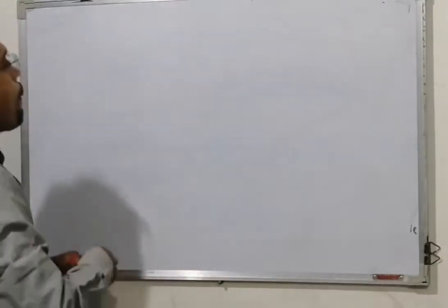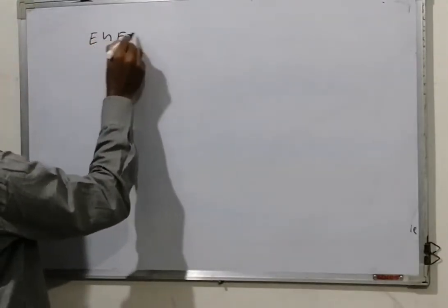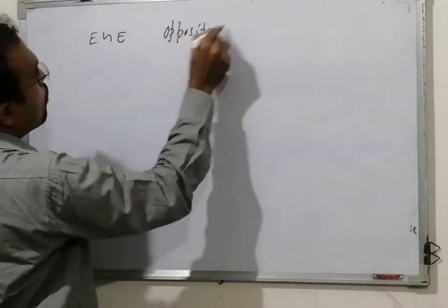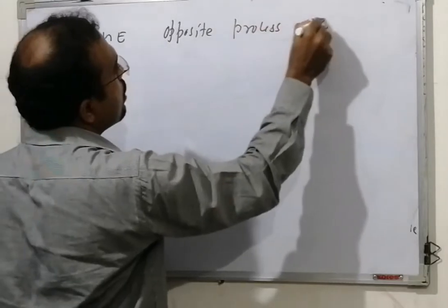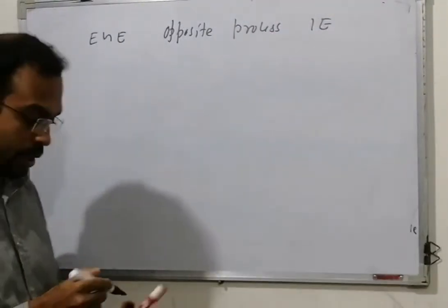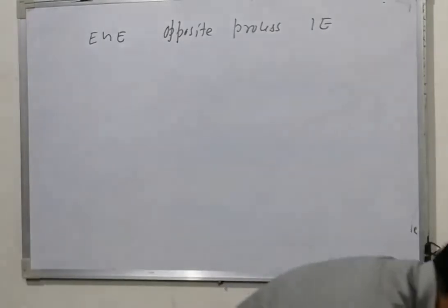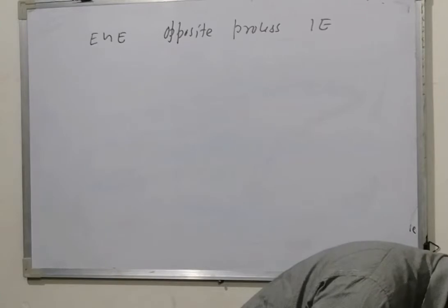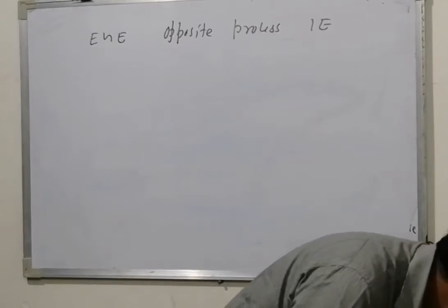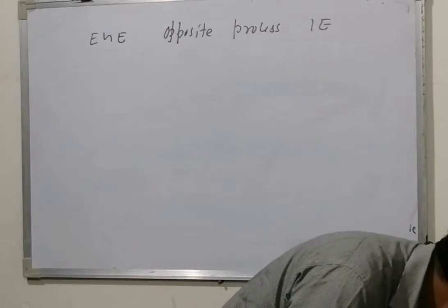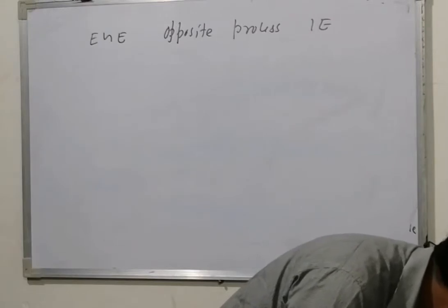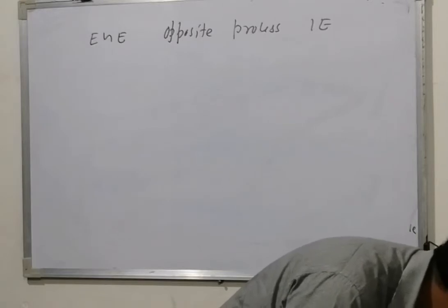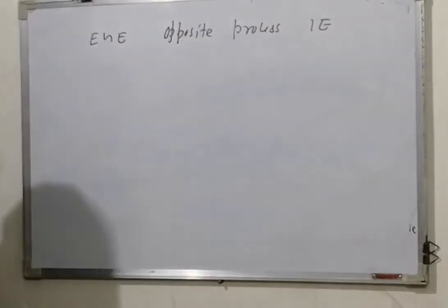Now, this is very important. Electron gain enthalpy is the opposite process of ionization energy. What is this meaning? Suppose you have a question.